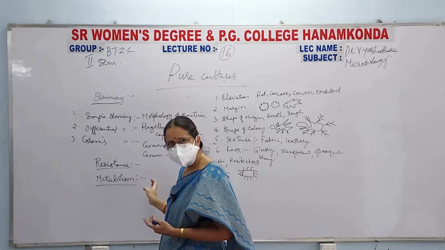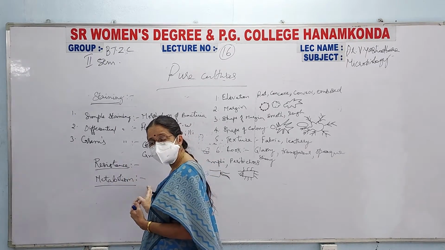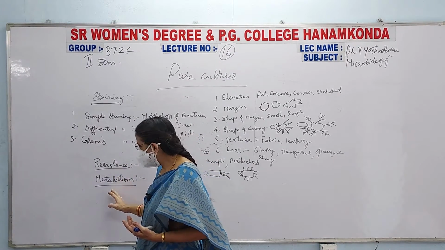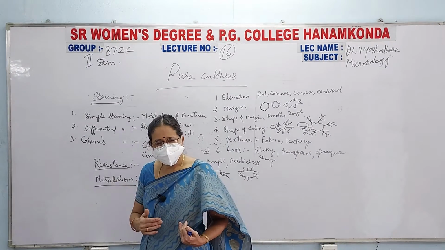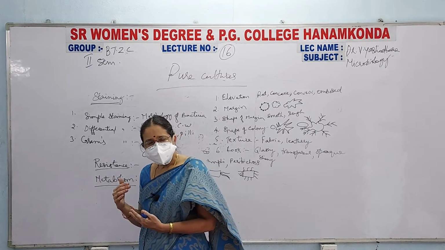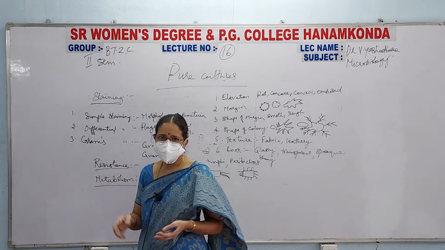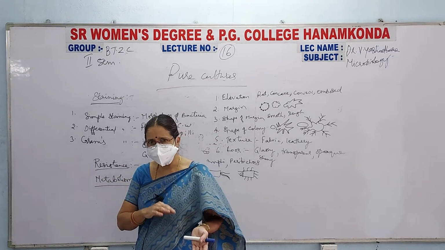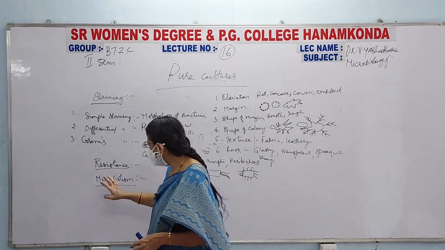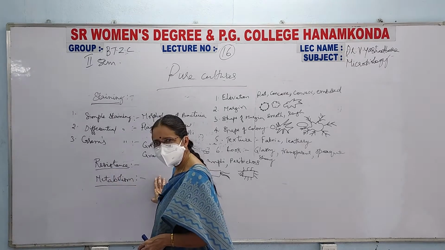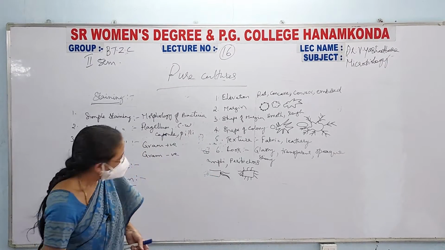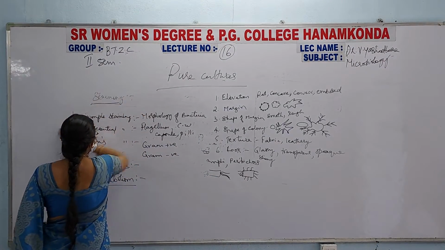Whether the bacterium requires oxygen or can grow only in the absence of oxygen, in other words whether they are aerobic or anaerobic, everything can be studied with the help of metabolism. Now we have seen all these things.